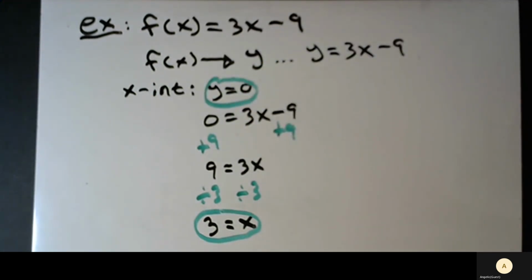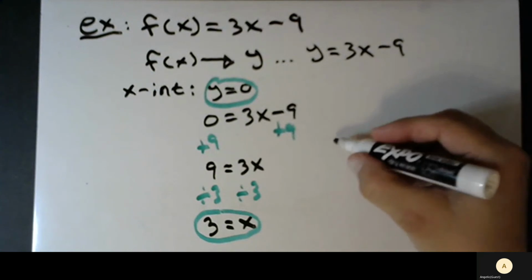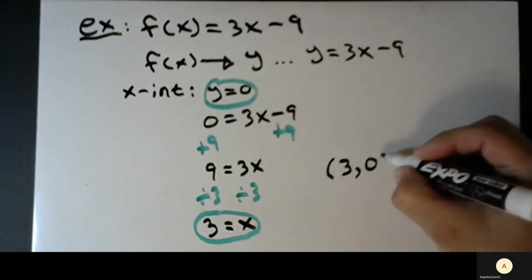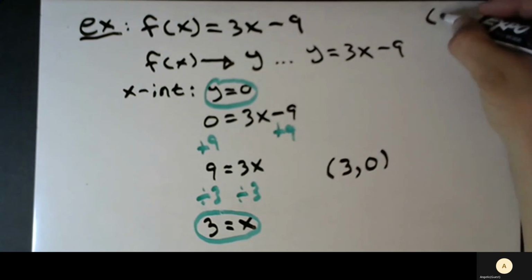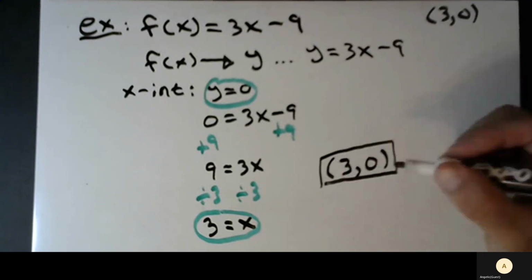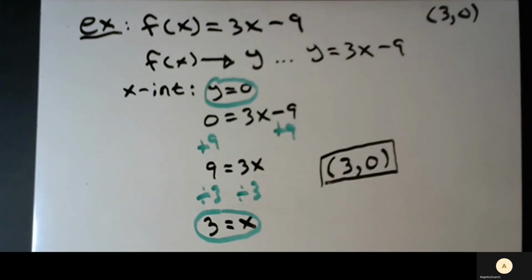So this means the x-intercept is going to be 3, 0. I'm going to write it off to the side here. So any questions about that?